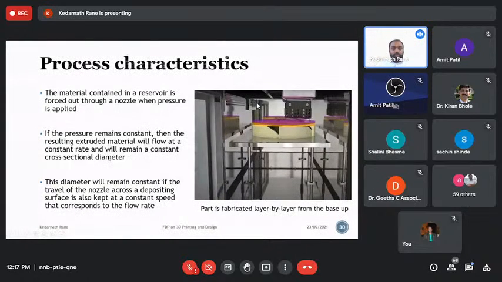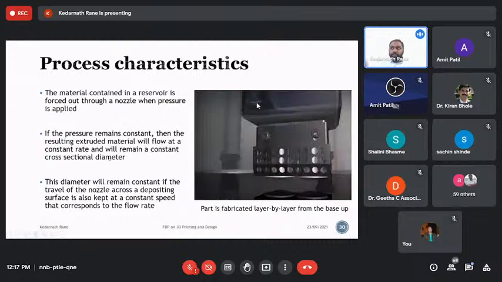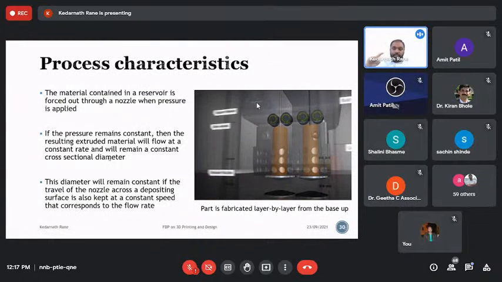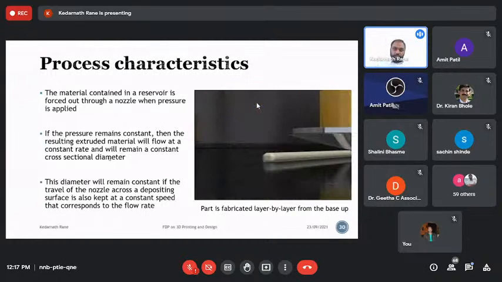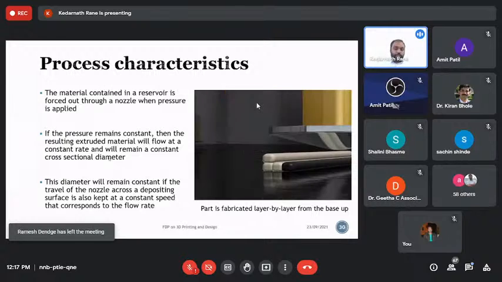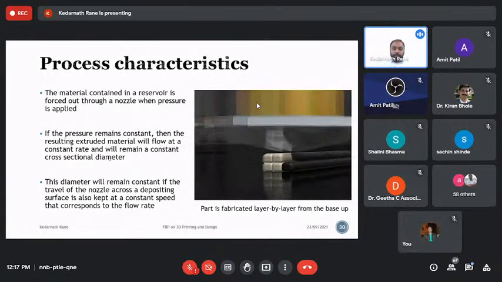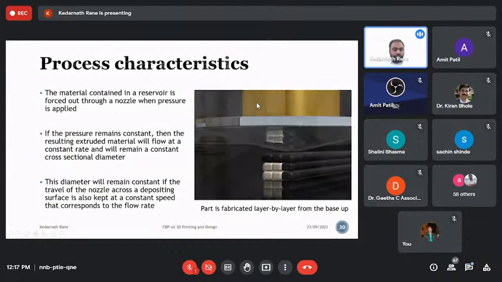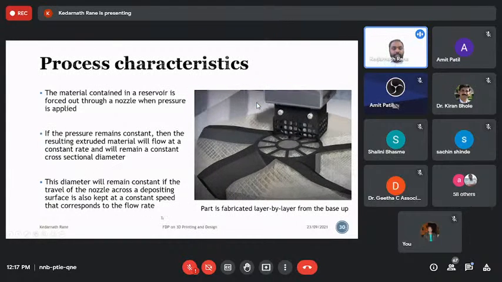The diameter of the nozzle is again important, because the diameter and the extrusion speed ultimately result in the shear rate, and shear rate is important for the processing of semi-solid material. It influences the viscosity of the material, so that's why we need to consider the pressure requirement. The diameter is again important.